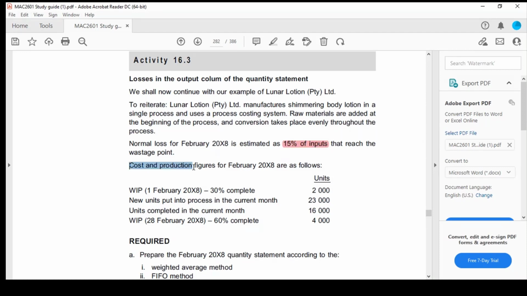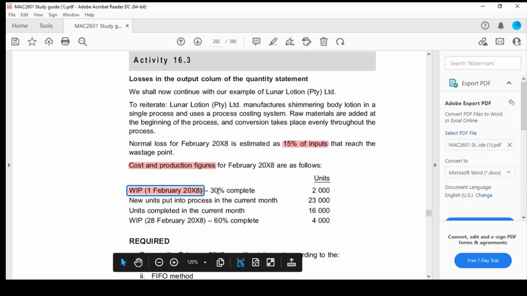Cost of production figures are as follows. Your opening WIP, sometimes they don't say opening WIP, you'll just see 1st of Feb. So that's your opening, at the beginning. It is 30% complete, 2,000 units. What they've put into this process this month is 23,000 units.